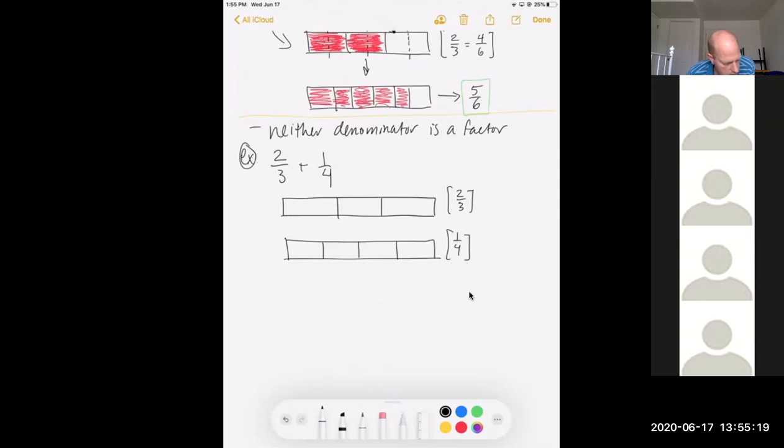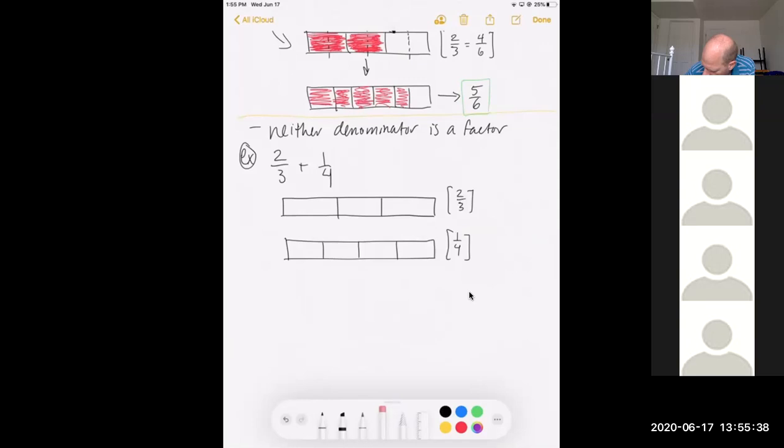We can use our little fraction tiles, our fraction bars. So you guys can depict this with your fraction bars if you want. But for time's sake, we're going to move on.